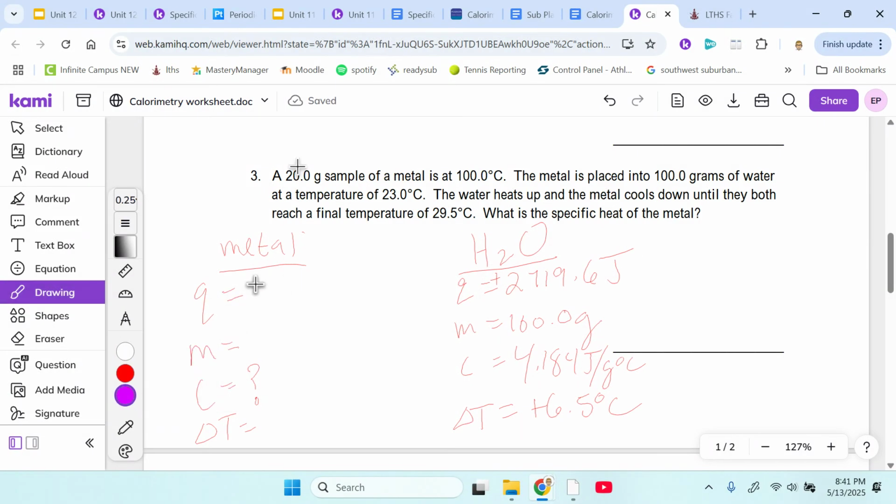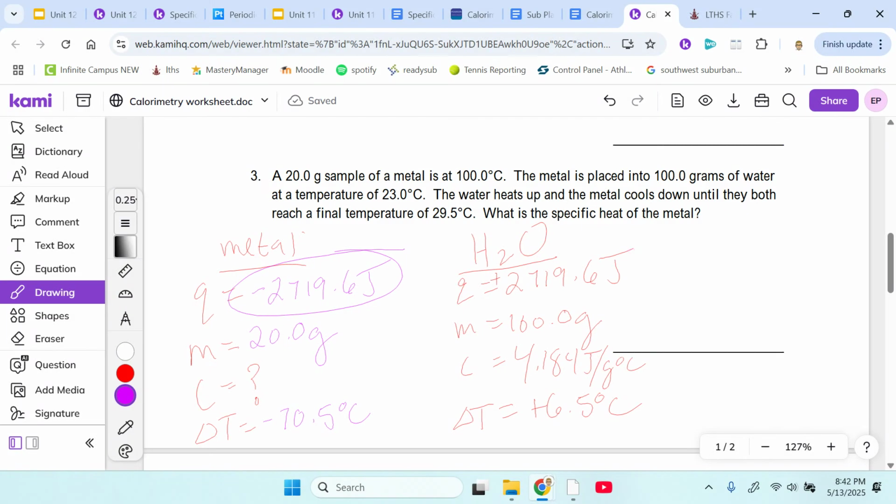That would make this one negative 2,719.6 joules. The mass is 20.0 grams. And the delta T is from 100 down to 29.5. So that would be negative, what would that be? Negative 70.5 degrees Celsius.